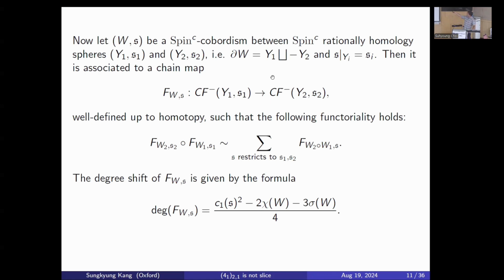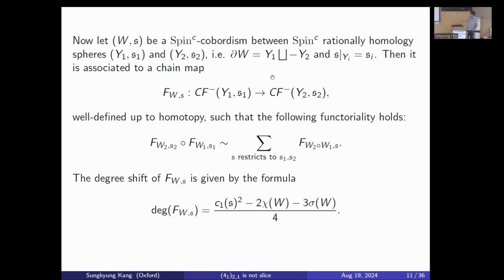So given such data, where this cobordism W is from Y1 to Y2, what you get is a chain map between the Heegaard Floer chain complexes, well defined up to homotopy. Its homotopy class is a spin-C diffeomorphism type invariant of (W,s), so that we have functoriality: the composition of cobordism maps is the cobordism map of the composition.